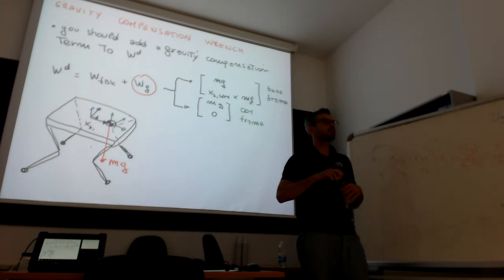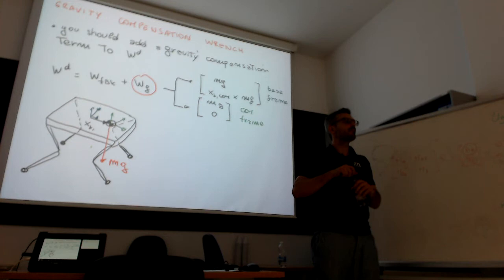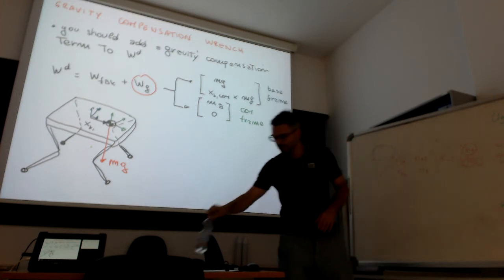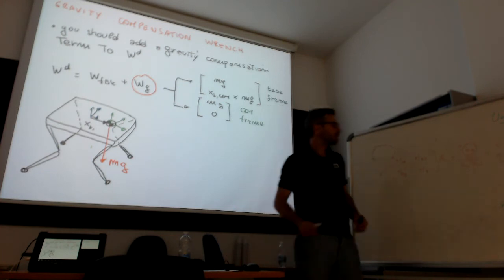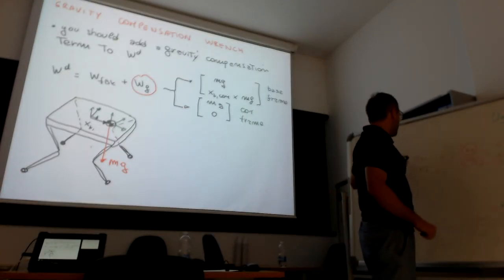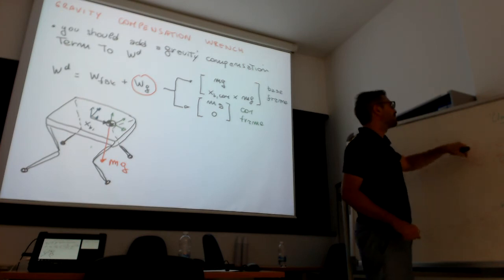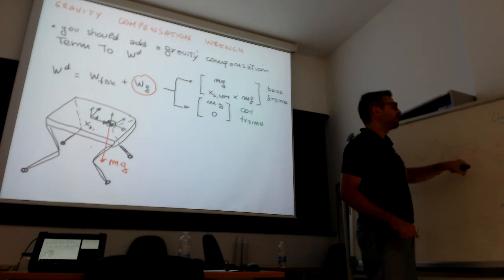While once you have your legs on the ground, you are not compensating for, let's say, the mass of your trunk, and you are just compensating the gravity of your links with the lower part of the equations. But this is a good point. We could say that this is just the gravity of the trunk, of the base, more or less, and this is the gravity of the links.